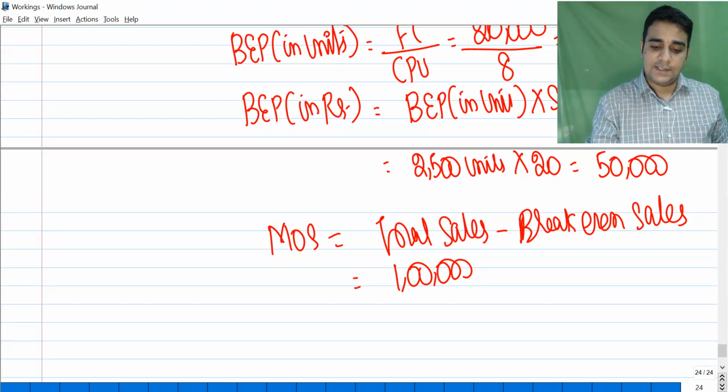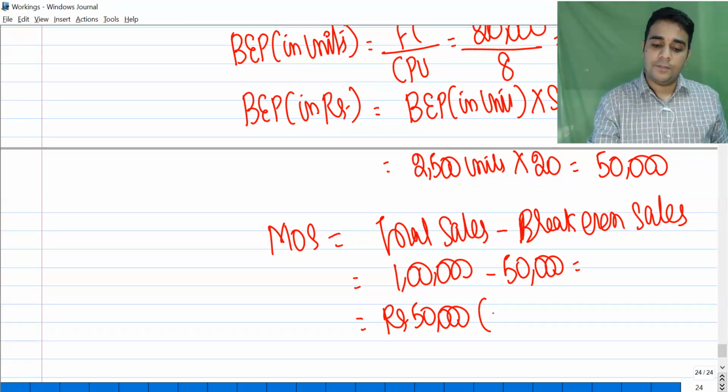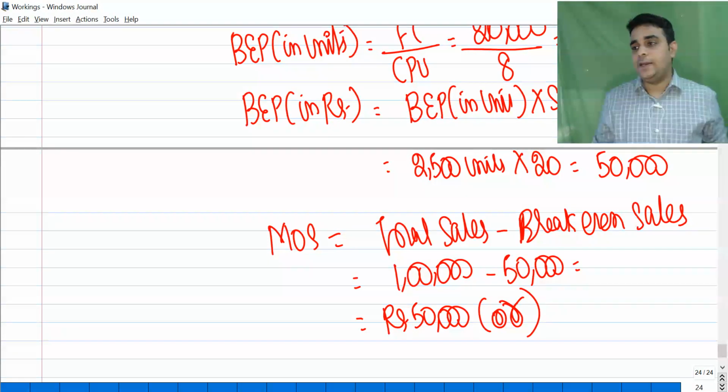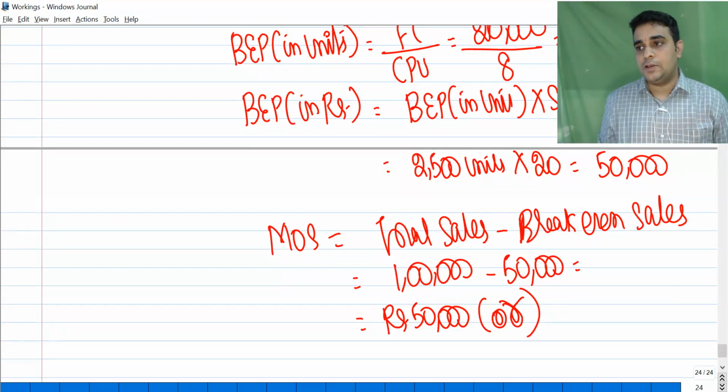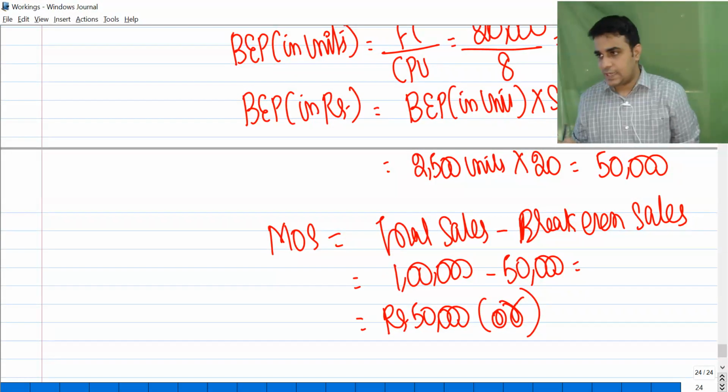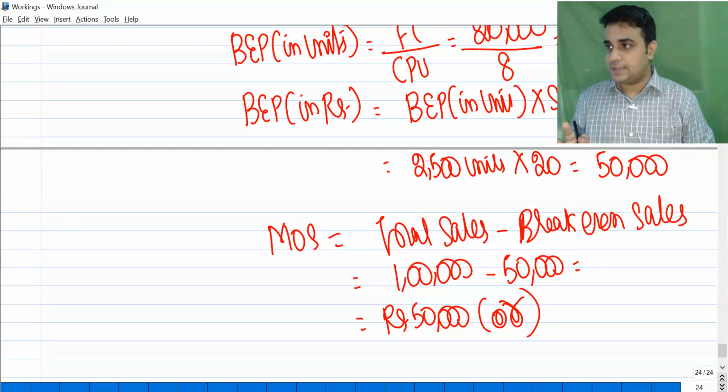1 lakh minus 50,000, rupees 50,000. I'll convert into units here itself. You'll have to do both units as well as rupees. Either you write it as a separate line item or you complete it here itself.